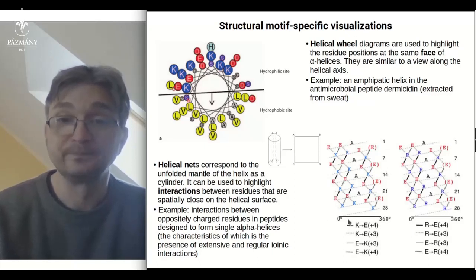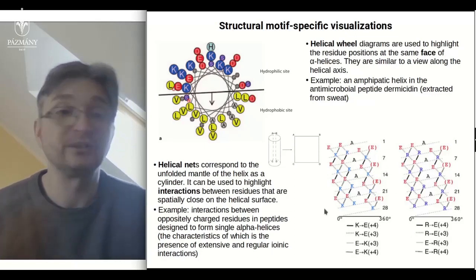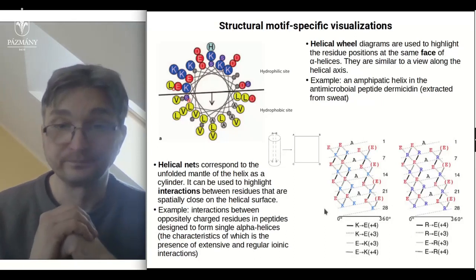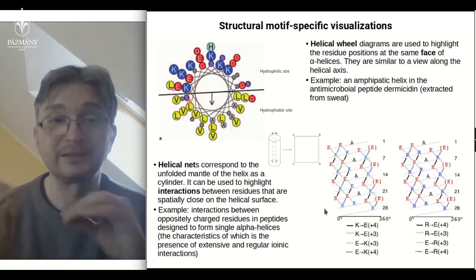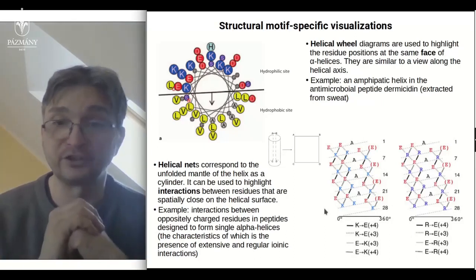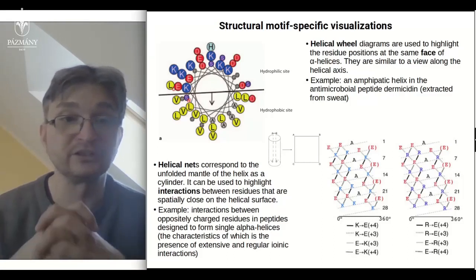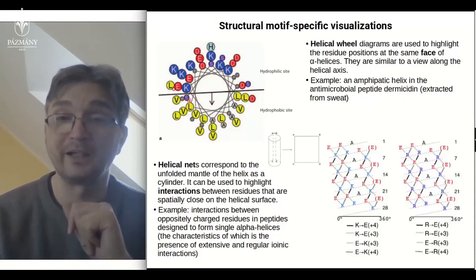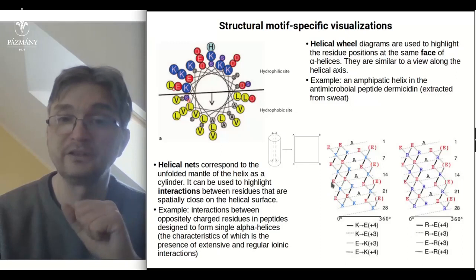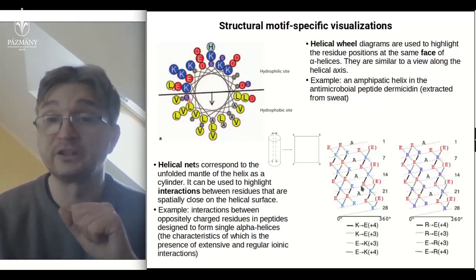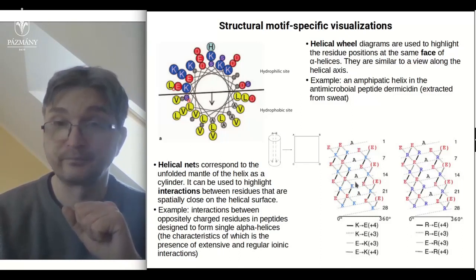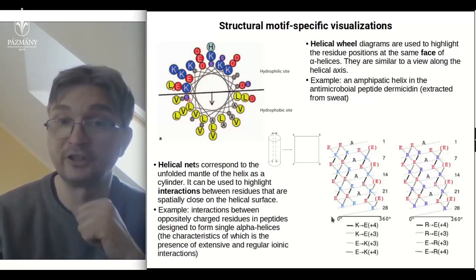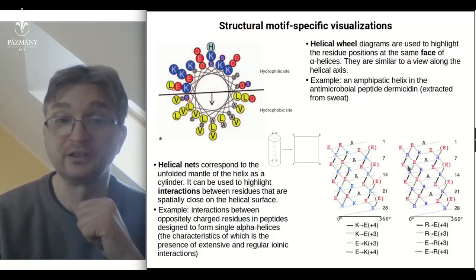Here these are specific helices, so-called single alpha helices, where a regular pattern of oppositely charged residues is characteristic, and these helical net representations are quite useful to highlight the different kinds of favorable and unfavorable interactions between oppositely and identically charged residues on the helical surface.